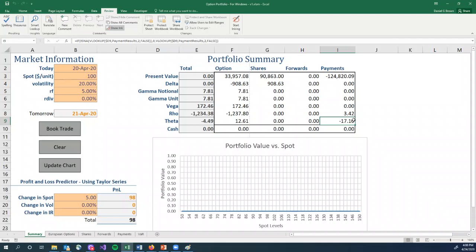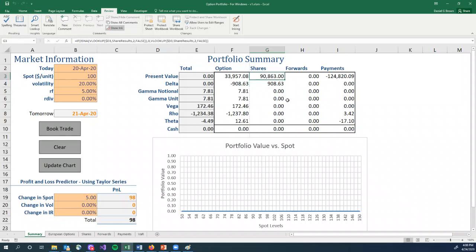Now, why is that? We have bought 908 shares. In order to buy 908 shares, we had to pay $90,000.